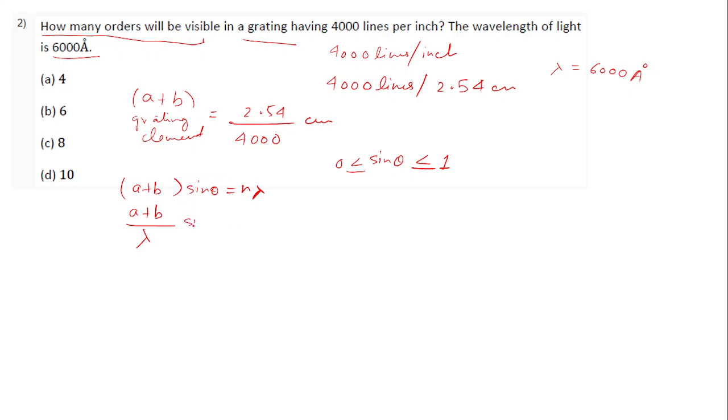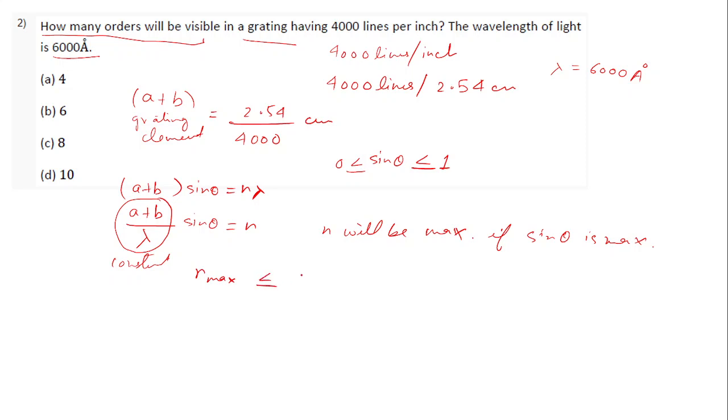So n will have its maximum value when A plus B over lambda is constant. n will be maximum if sine theta is maximum, right? Because sine theta maximum will be 1, so n maximum will be A plus B over lambda.